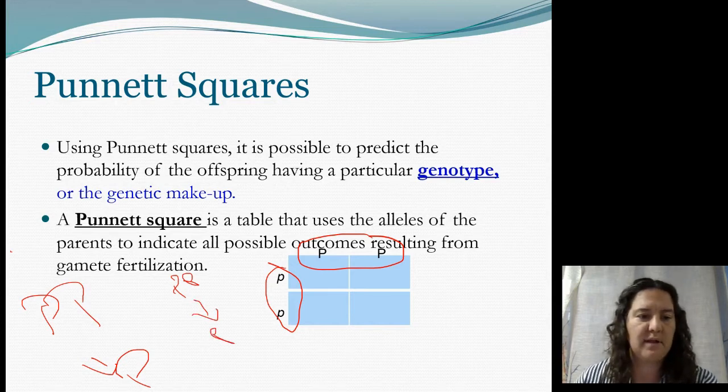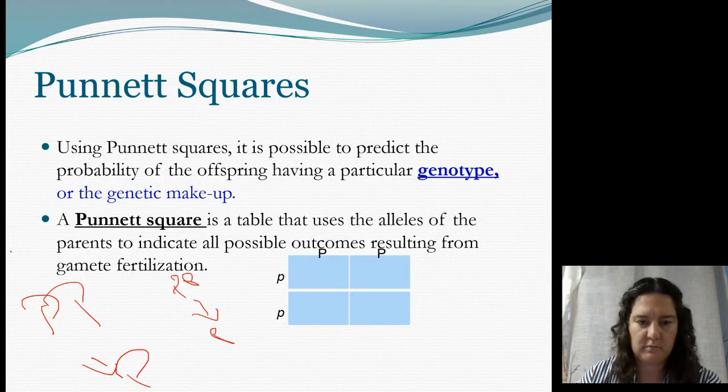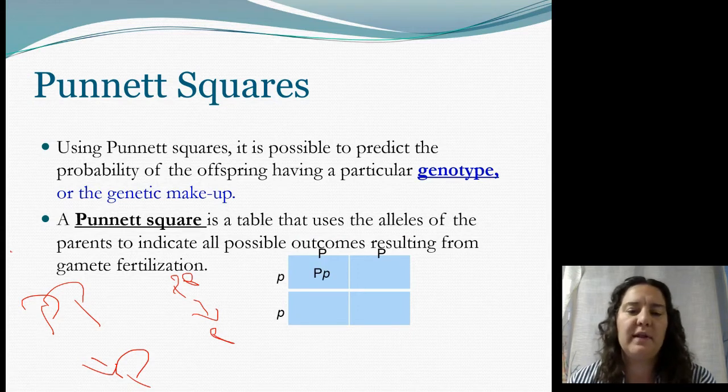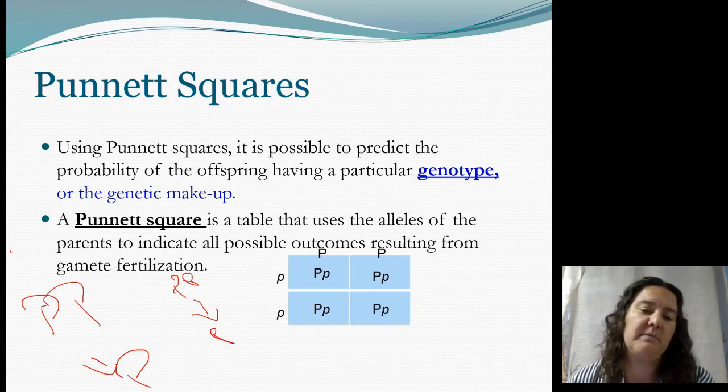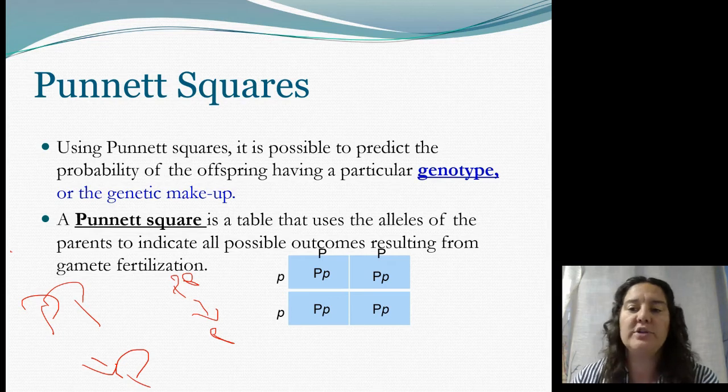So I'm just going to erase those lines here so we can see what goes underneath in our Punnett square. When we fill in the steps of our Punnett square, we can see that all of the offspring have one allele from each parent, and all of the offspring in the first generation happen to be heterozygous. So they have one dominant and one recessive allele, which is why they will all appear purple.